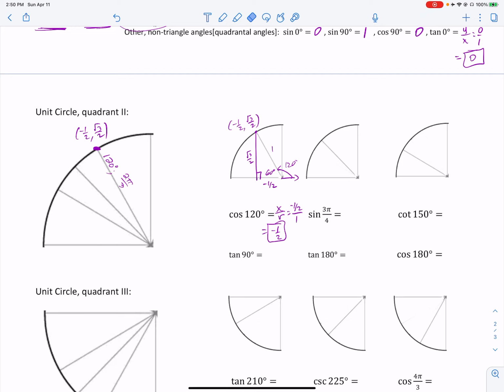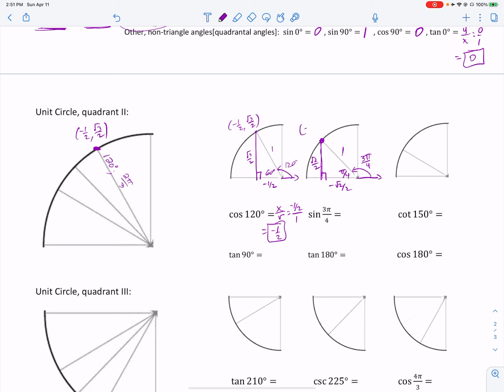Then if we swing 3 pi fourths, 135 degrees, this angle is 3 sets of pi fourths, 3 sets of 45 degrees. That leaves my reference angle of pi fourths, where the terminal side hits the unit circle. If I drop an altitude always to the x-axis, with a hypotenuse of 1, this is going to be left root 2 over 2 and up root 2 over 2.